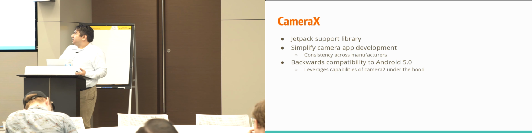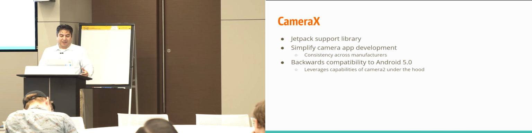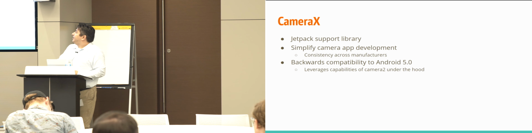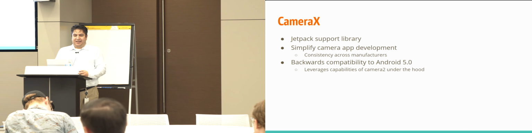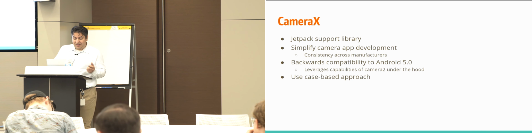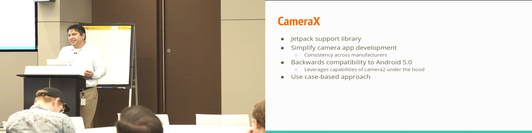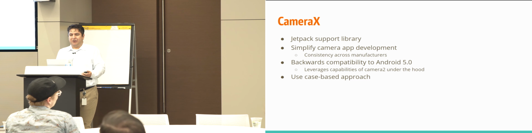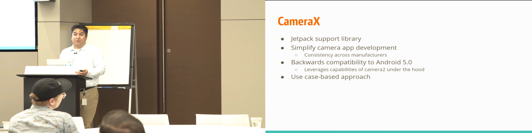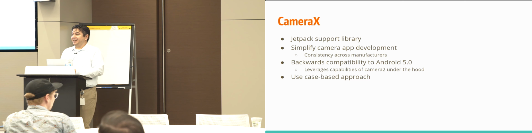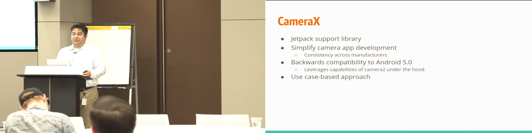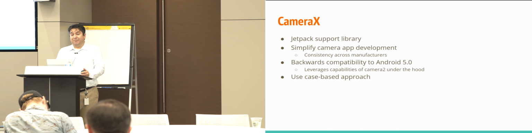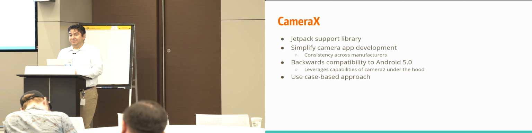That's because it leverages the Camera 2 APIs that we just spoke about under the hood. And it does all of the stuff you would expect in that scenario. They have a use case-based approach. So very similar to the way Camera initially worked, where you said, I want a preview, I want a still image. These things are now the paradigm around CameraX, because you don't need to worry about all of the little minute details sometimes.